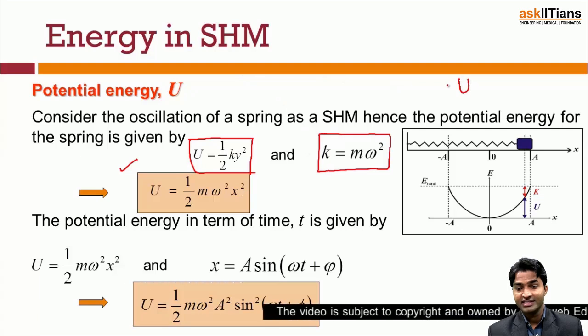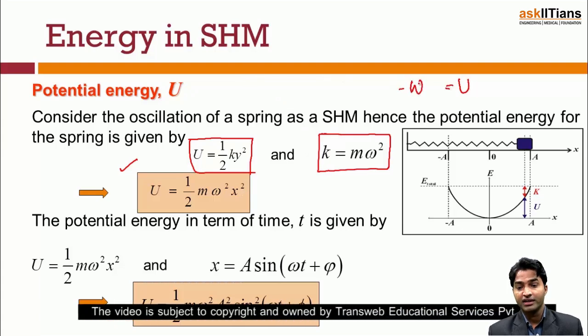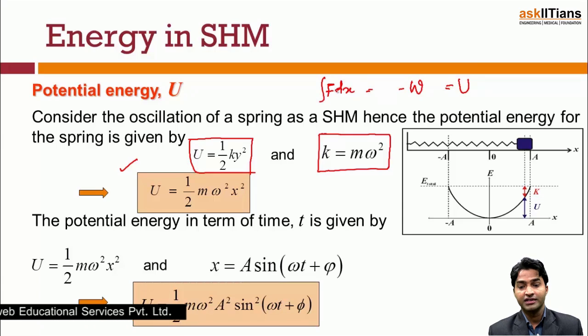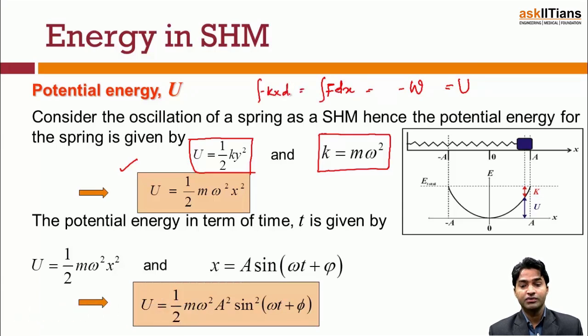Potential energy is the negative of the work done, and that is the integration of F dx, that is minus kx into dx. When we solve this equation, we get 1 by 2 k x square, and that's why the final potential energy is U equal to 1 by 2 m omega square x square.